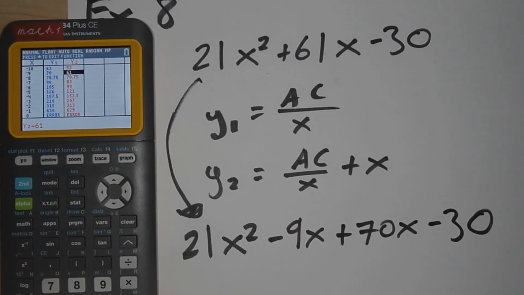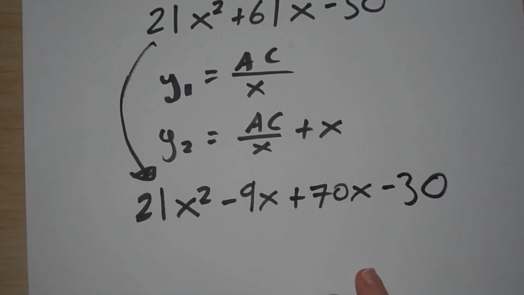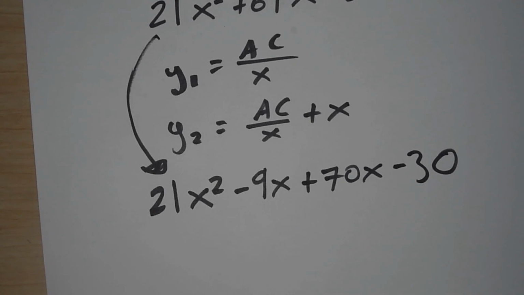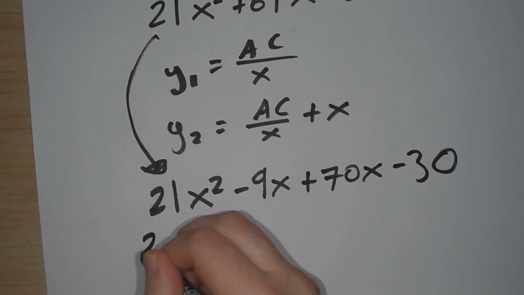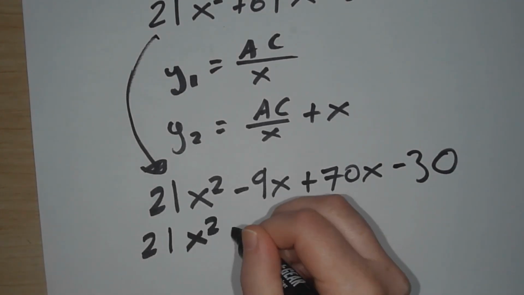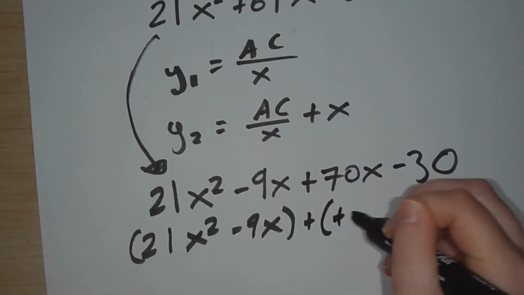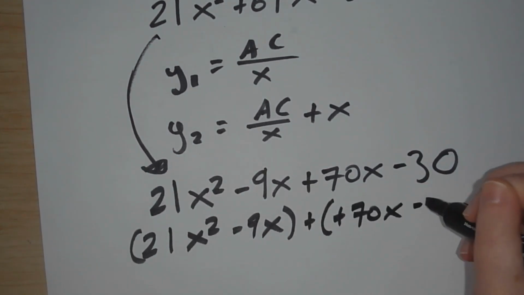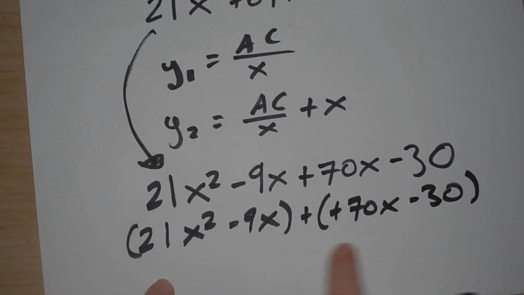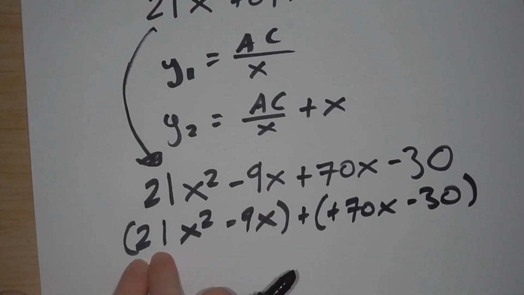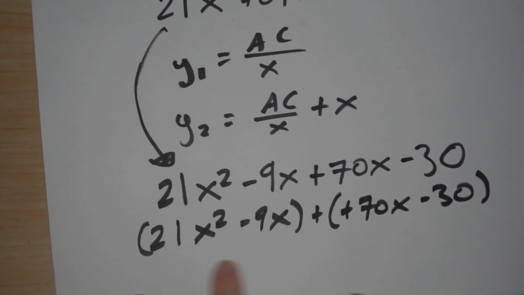So now that we have it in this format, we can factor it by grouping just like we did in example 7. So we're going to create two separate groups. This is the first group and the second group. And we'll take out the greatest common factors of both of these groups.